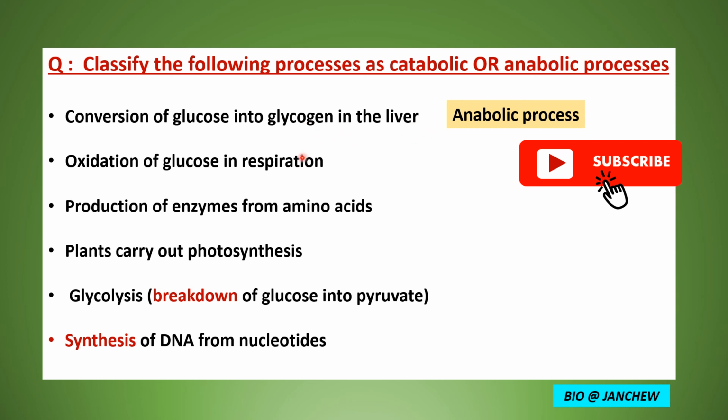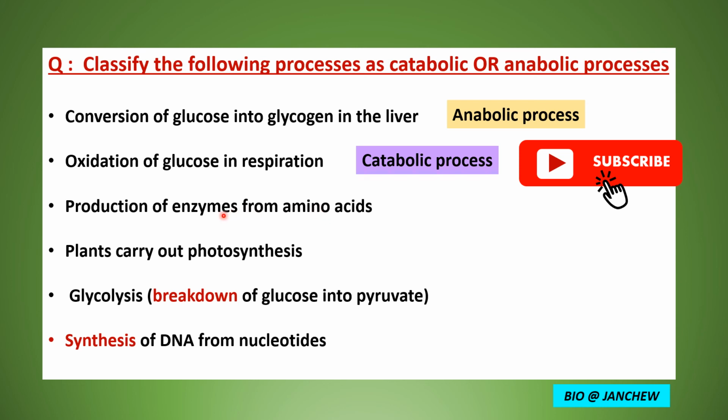Okay, now second one, oxidation of glucose in respiration. Once you have this word respiration, you know that it's the breakdown of glucose already. It's breakdown. So catabolism or anabolism? Cats break down, right? So it is a catabolic process that breaks down substances. Production of enzymes from amino acids. Which is the simple substance? Amino acids, right?